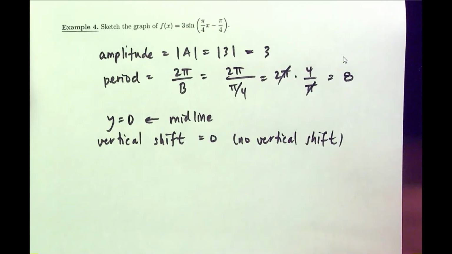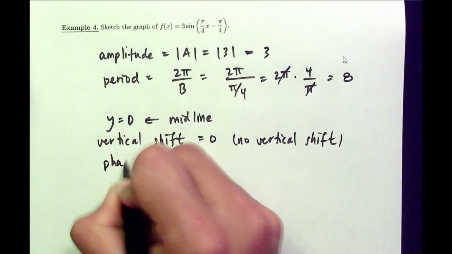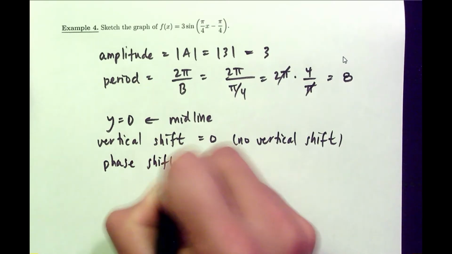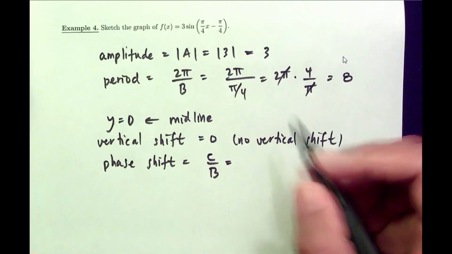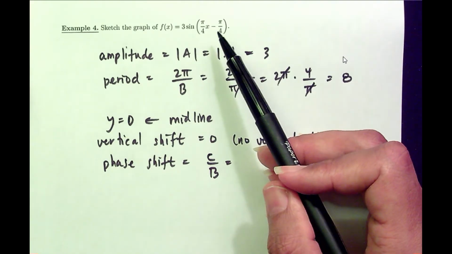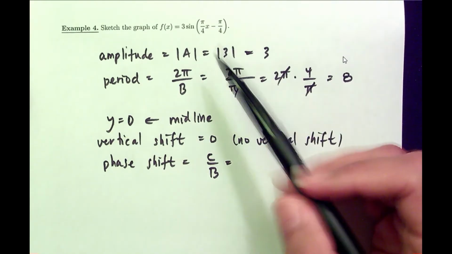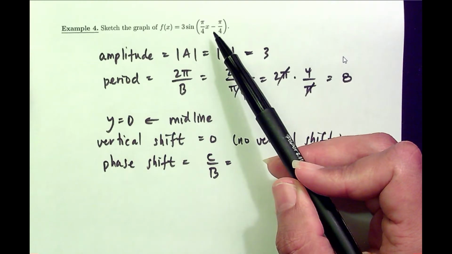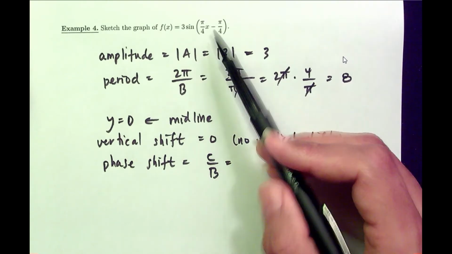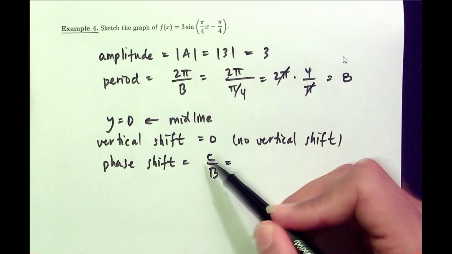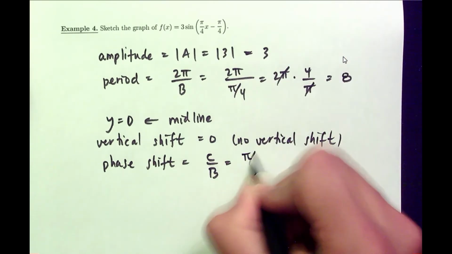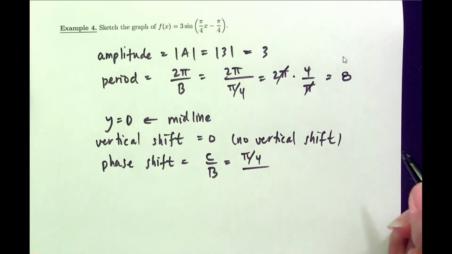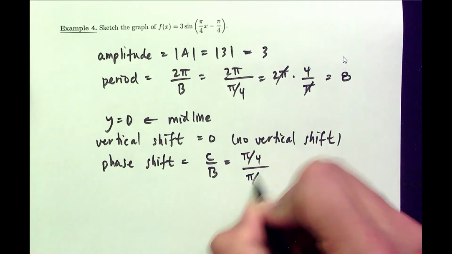And lastly, the phase shift. The formula is C over B. And remember, the C is that number right there, but with the opposite sign. So if I see a minus, I'm going to put positive. If that were positive, I would put minus here. So I see a minus, so I'm going to put positive pi over 4. And then B, which is pi over 4.